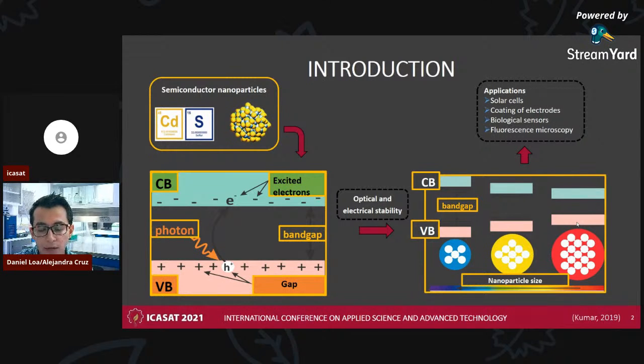This band gap energy increases when the material reduces its size to a nanometric scale, and the electrons in the conduction band, when excited by a photon, return to the valence band and release energy with high brightness and intensity. For those reasons, these kinds of nanoparticles have different applications, such as in solar cells, cutting-edge electrodes, biological sensors, and fluorescence microscopy.